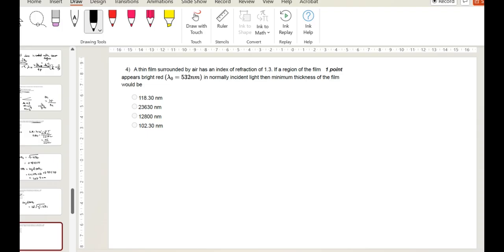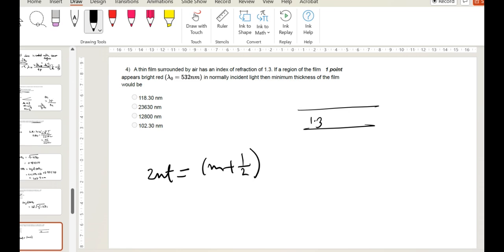Question number 4: a thin film surrounded by air has an index of refraction of 1.3. If a region of the film appears bright red, lambda naught, in normally incident light, then what is the minimum thickness of the film? For normal incidence, 2nt is equal to m plus half lambda naught for a bright fringe.